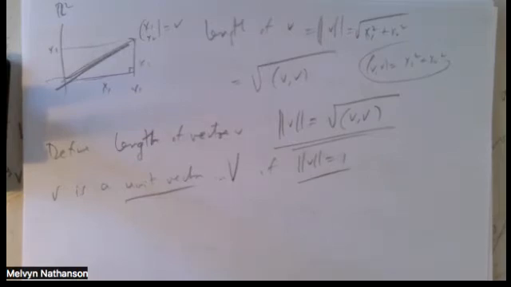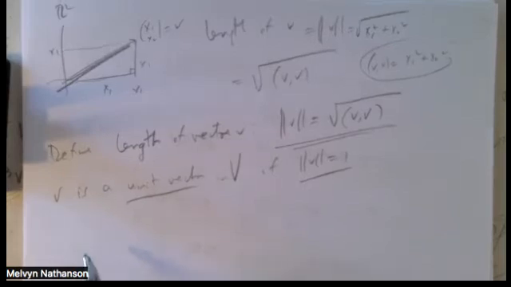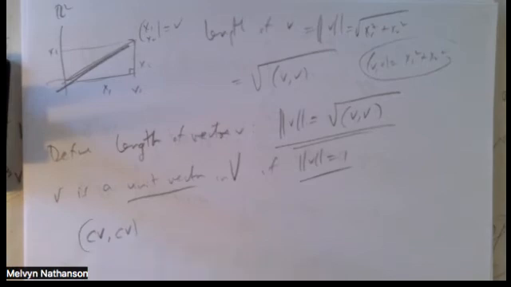Now, if we take the inner product of cv and cv, so v is a vector and c is a scalar, because this is bilinear, this is c times the inner product of v and cv. I just pull this out, and I can pull this out. I get c squared, the inner product of v with v.